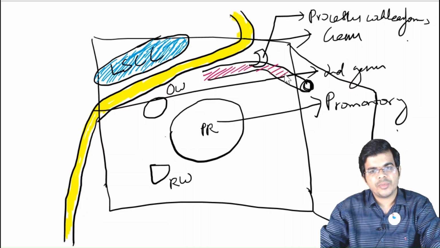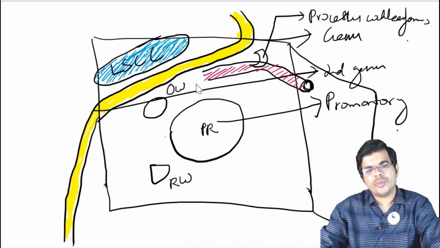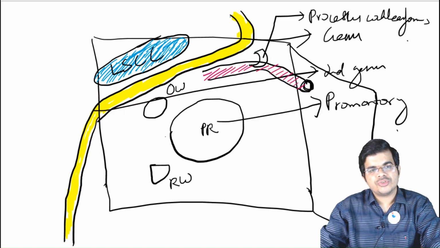This is the tensor tympani muscle. It bends over the area of processus cochleariformis and goes on to attach to the handle of malleus. Okay, so these are the various landmarks that you see here. You have the processus cochleariformis over here. Processus cochleariformis is the landmark for genu.